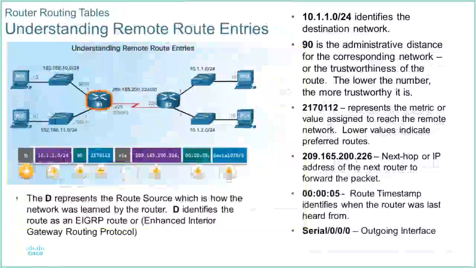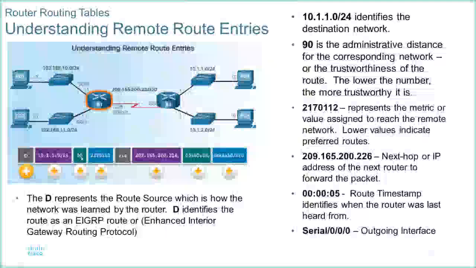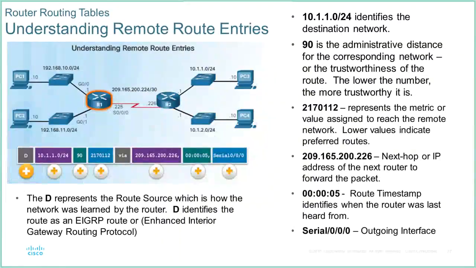So the D in this instance was for EIGRP, which is a type of routing protocol, and the 90 is the administrative distance, which is how trustworthy the routing protocol is compared to other protocols. Then you have a metric, or the cost to get to that destination, and then you go via an IP address.